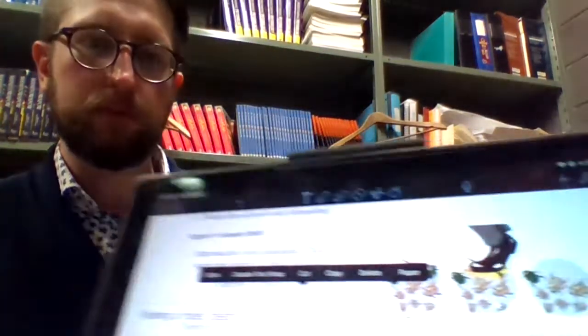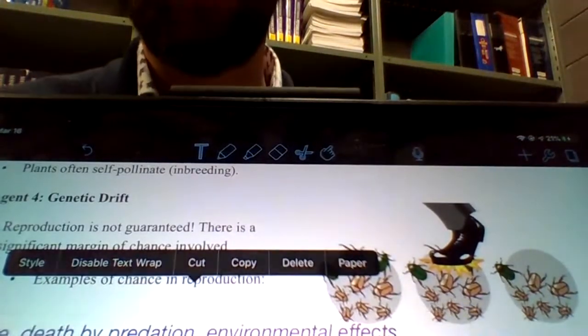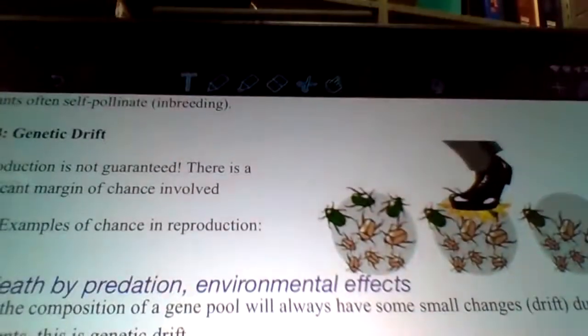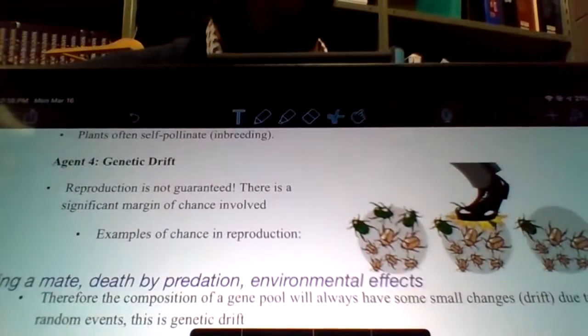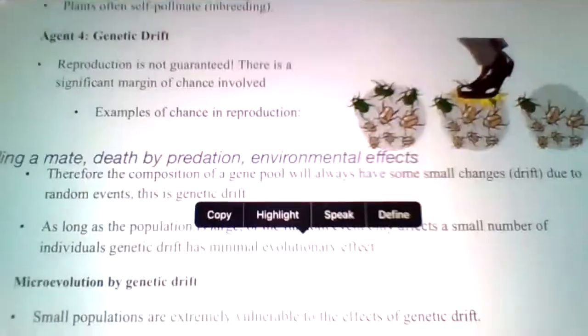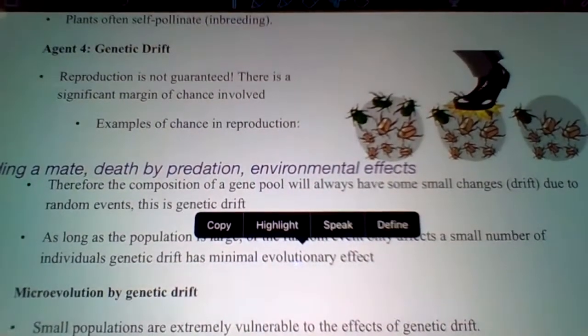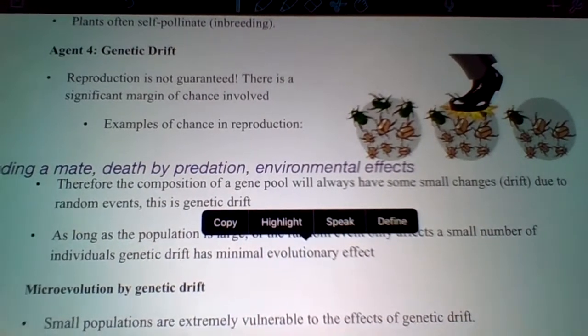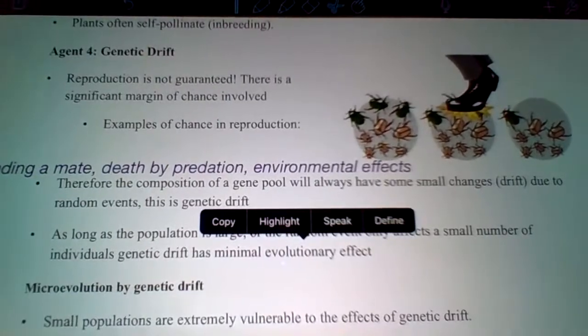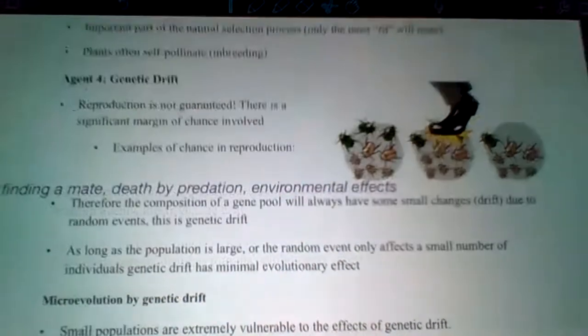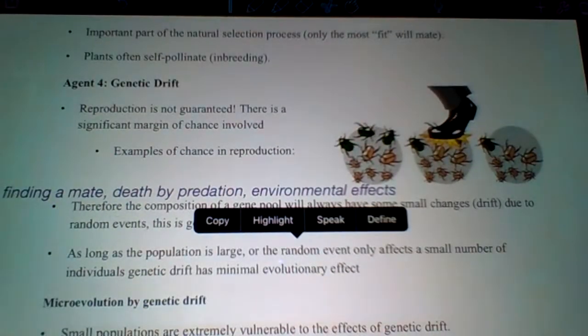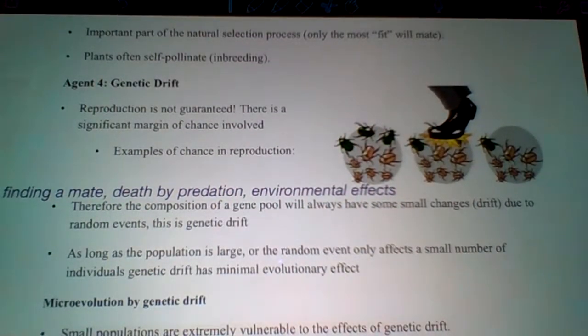So in this way, we have to consider the effects of random events, and the cause of these random effects causes changes in the gene pool.